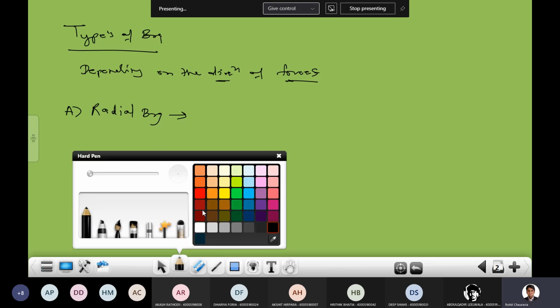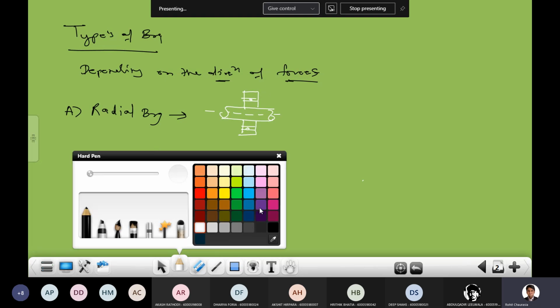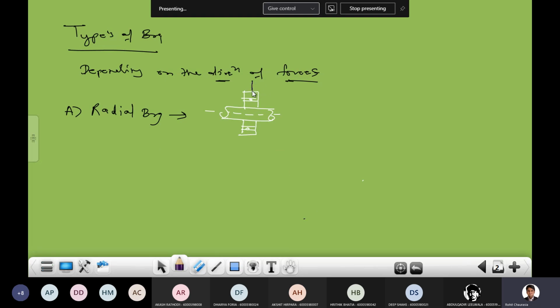Suppose that if I am making any shaft, जो मैंने यहाँ पे एक shaft बनाया है, and this is my axis of the shaft, and I'm making one bearing over here. और यहाँ पे मैंने बोला कि consider this is something about the balls. This is a ball bearing, roller contact bearing, and the direction of load is going to be this one.